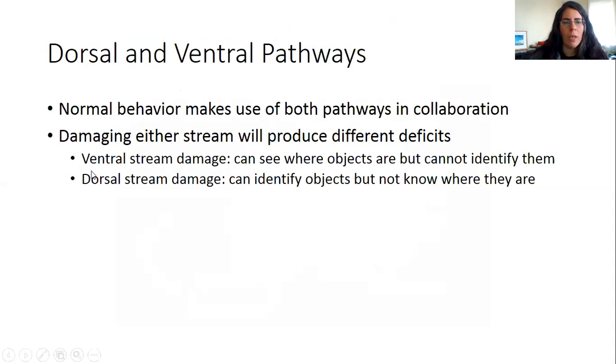Right, so I was just talking about this damage. And clearly, I hope clearly, normal behavior makes use of both of these pathways in collaboration. I need to be able to identify that object and its features to make the appropriate hand grip, to locate where it is in space and extend my limbs accurately in the right place to grasp that object.